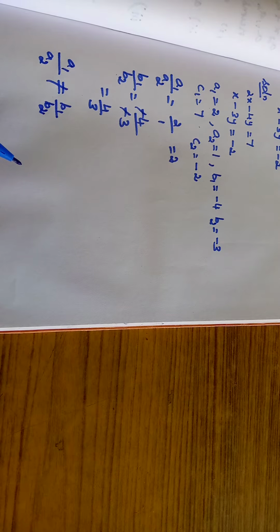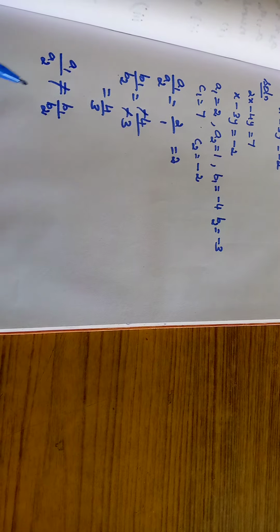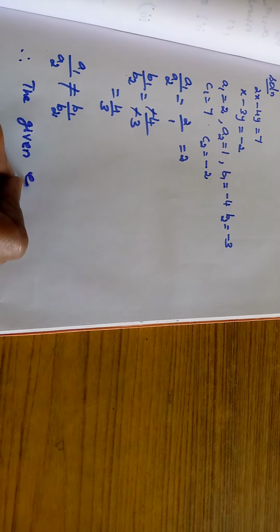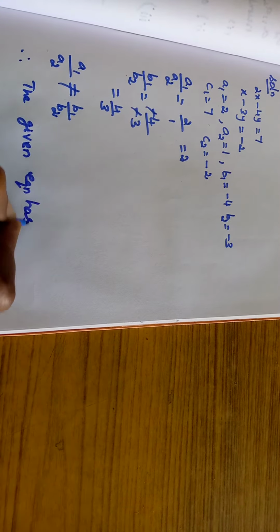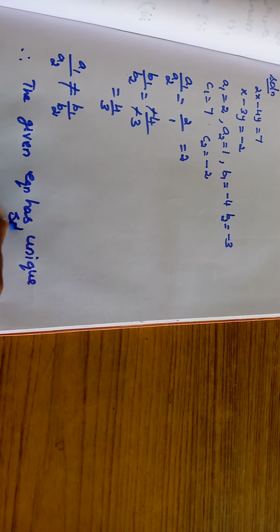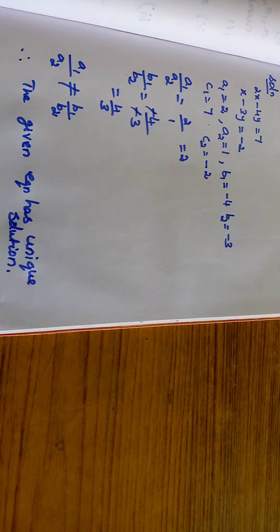So what answer can be written? a1 by a2 is not equal to b1 by b2, therefore the given equation has a unique solution. Understood, students?